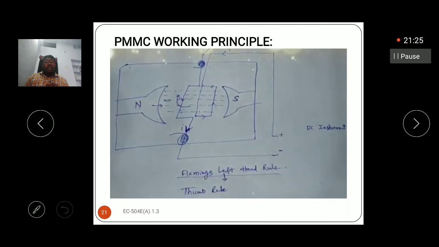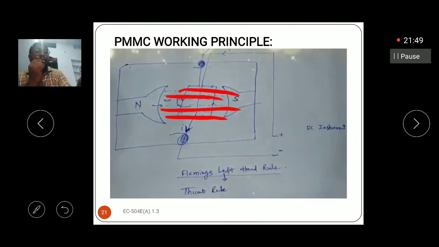In this diagram, one terminal is connected to the positive terminal and the second terminal is connected to the negative terminal. Here, the positive terminal is connected to this, the current is flowing downward, and the magnetic field is moving radially from the north pole to the south pole.